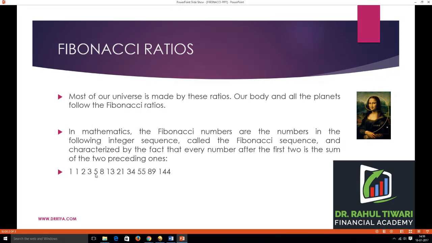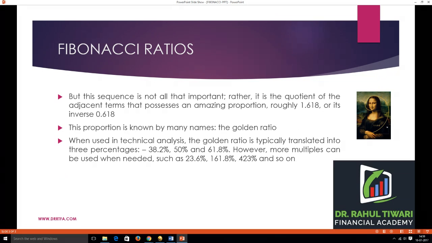If you divide 8 by 5, you get 1.618. If you divide 13 by 8, you get 1.618. If you divide 21 by 13, you will get 1.618. So that's the ratio. This particular proportion is known by many names, like the golden ratio.